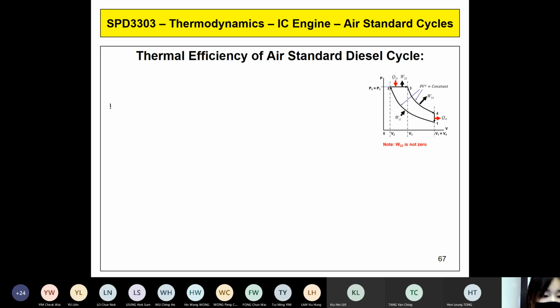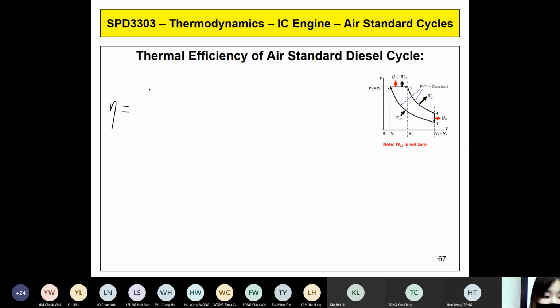So the definition of thermal efficiency is your outcome divided by your payment. When we talk about efficiency, we always use the ratio between your outcome and your input.